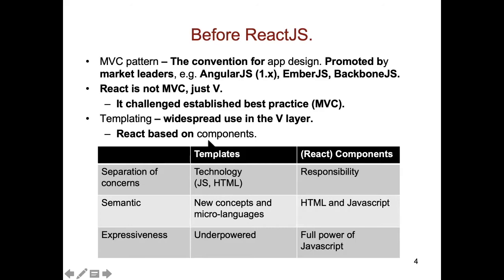You didn't have to learn this extra templating syntax on top of it. Plus the fact that you were now using two very well-established technologies, in particular JavaScript, which is a fully functional, powerful language, whereas with the templating syntax you didn't tend to have the same kind of expressiveness that you do with JavaScript.